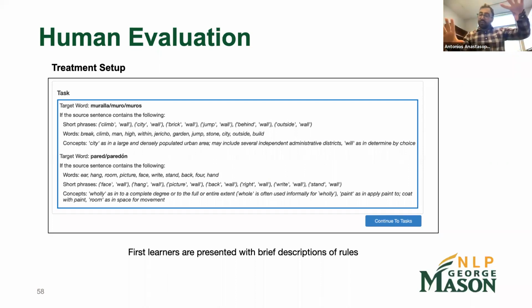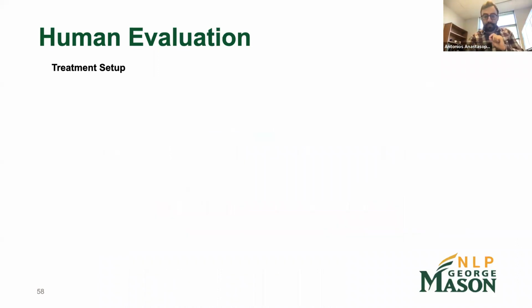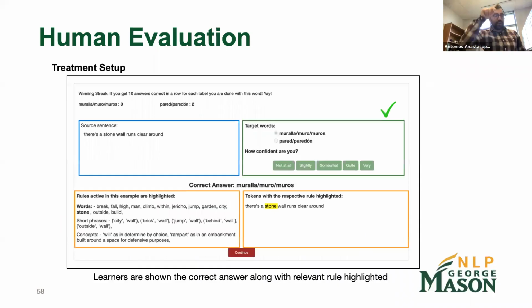Okay, so they read these rules before they start the annotation, and then in the interface they can review the rules, and at the same time when they get feedback, we also highlight which rules, if any of the ones we show, are actually applicable in this example sentence. So here, the word stone was also in a list that our model thought was important.